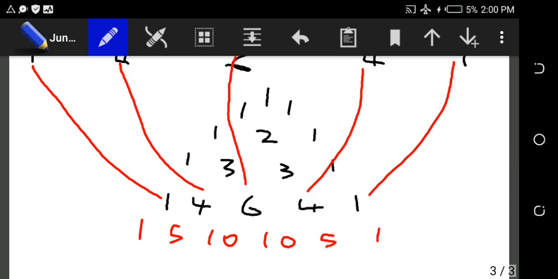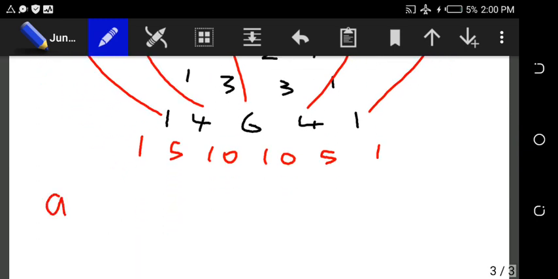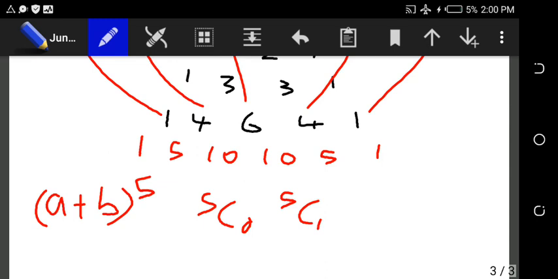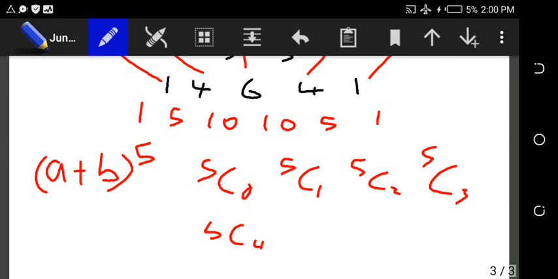So if we have an expansion to do, maybe say a plus b raised to the power 5 using our combinations, we start writing all those: 5 combination 0, 5 combination 1, 5 combination 2, 5 combination 3, all the way up to 5 combination 4, 5 combination 5.